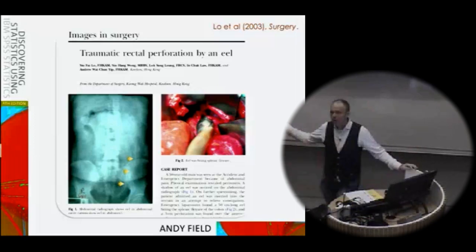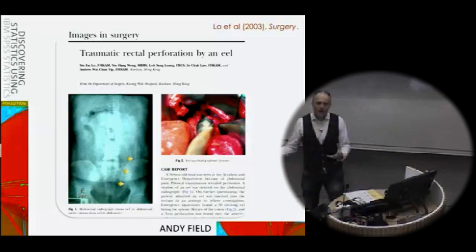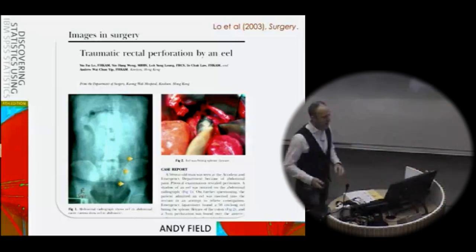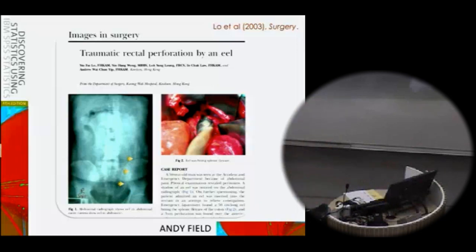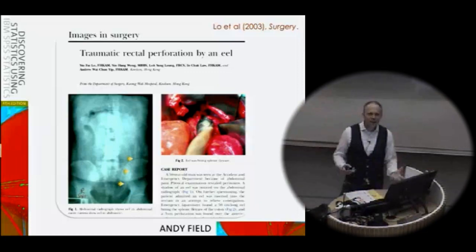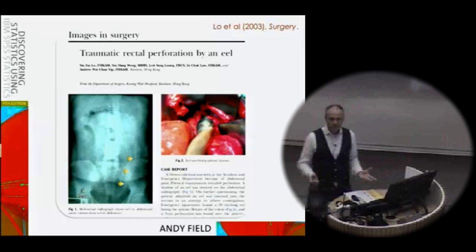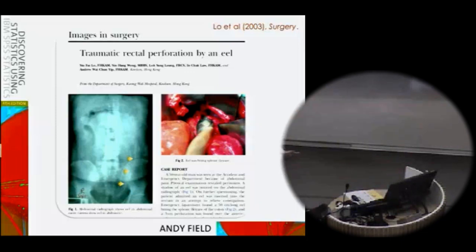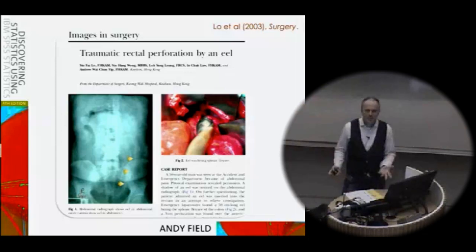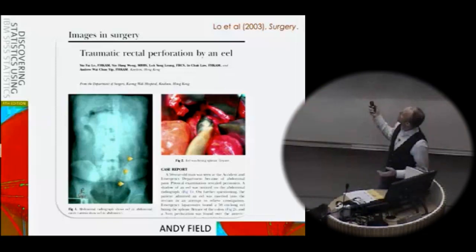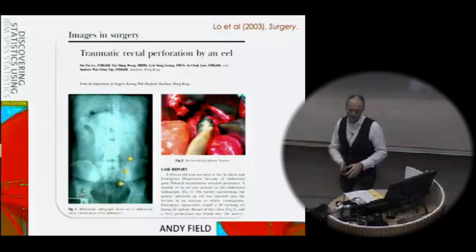So they rush him along, they put him into the x-ray machine, they x-ray him, and lo and behold, he comes out, the doctor looks and sees the shadow of an eel. And the doctor thinks, I wonder how that got there. Maybe there's an eel in the scanner. So then they went away, they did another x-ray on an old woman's head, no eel. So they knew it wasn't in the scanner. So then they came out to the guy and said, well, look, we've done your x-ray and there appears to be an eel inside you.